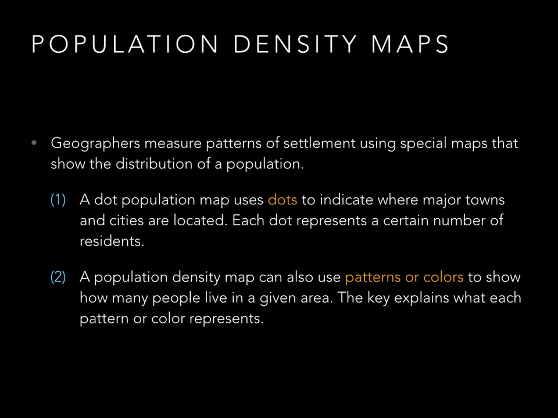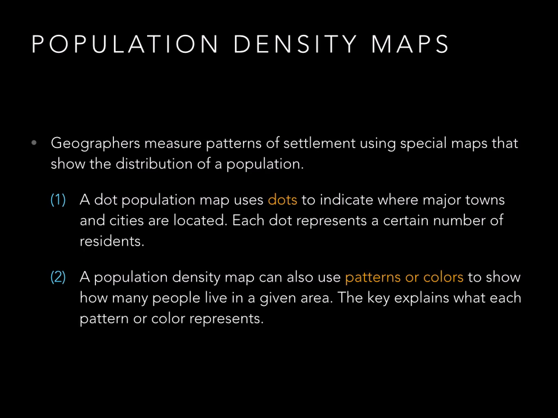Population density maps. Geographers measure patterns of settlement by using particular maps. These are thematic maps that show the distribution of a population. You can either use a dot population map, where each dot represents a certain number of residents, or perhaps you might use a map that shows patterns and colors. And that demonstrates where people may live in a given area.